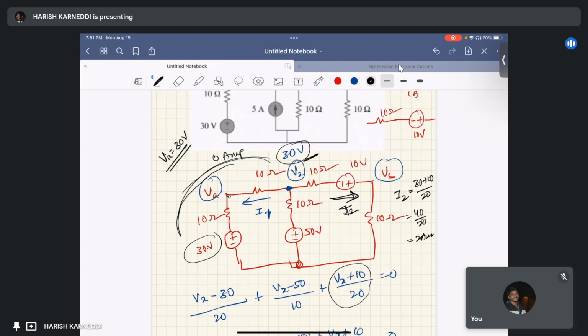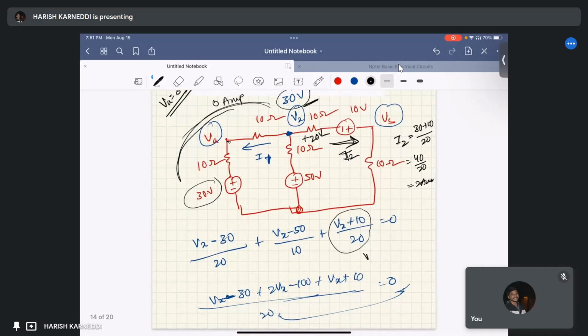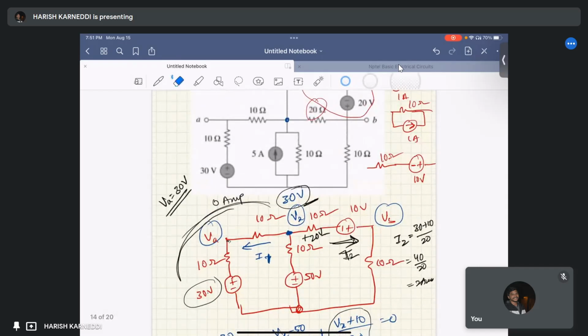My I2 equal to 2 amperes. So the potential across this 10 ohm resistor is 2 amperes into 10, that is 20 volts, right? So my VTH equal to just a minute, I will erase these things which are not needed.